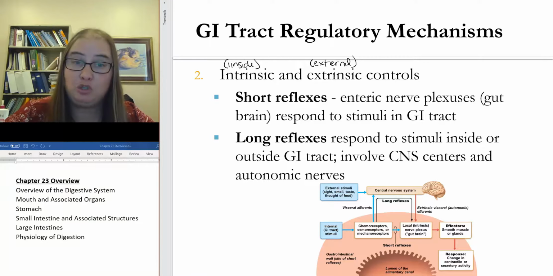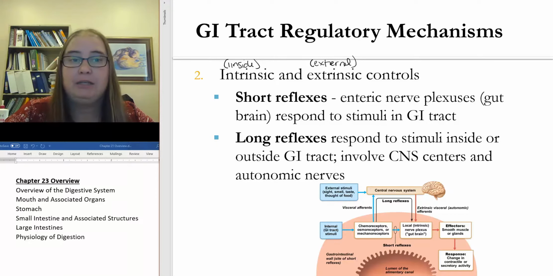So these two control systems occur via what we call short reflexes and long reflexes. We have short reflexes, which is called the enteric nervous plexus, or the gut brain, that are going to respond to stimuli within the gastrointestinal tract.